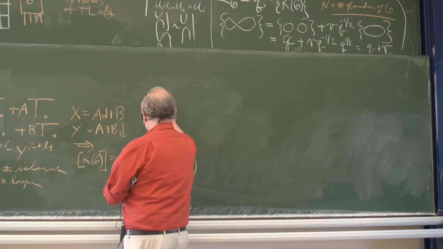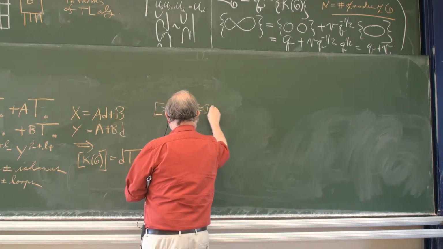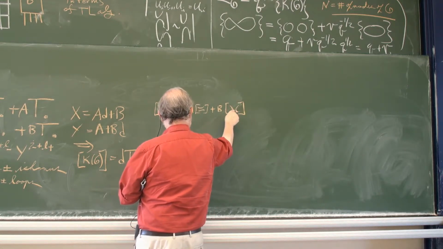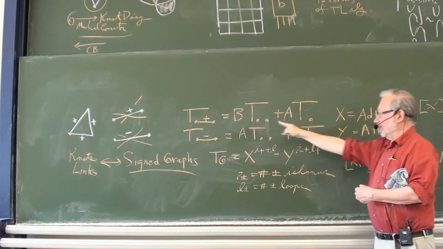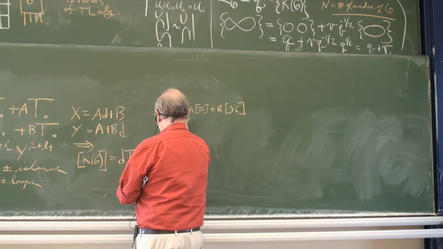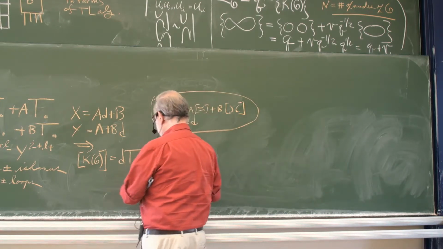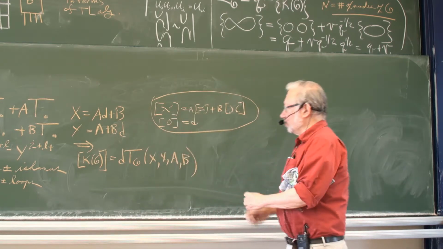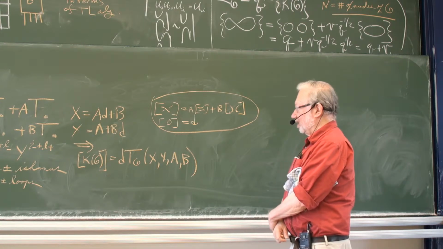Square bracket of this is equal to a times this plus b times this, and I kept my usual convention, which means that the deletion should be corresponding to the b in the plus form, and that's why the b and the a got reversed, and the value of the loop is equal to d. And then because the value of the loop is equal to d and I'm not normalizing it, I need a d here, and that's the translation. And you could have fun with that as an exercise and see that it's right if I didn't make a mistake.